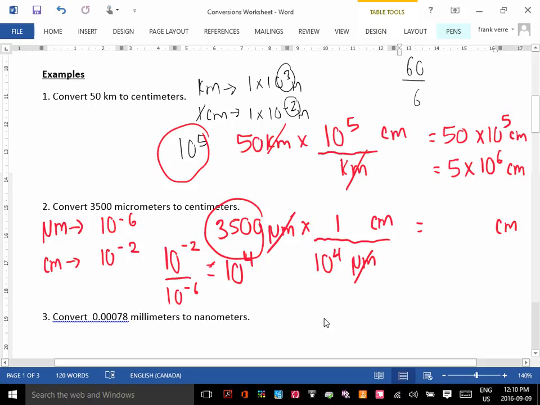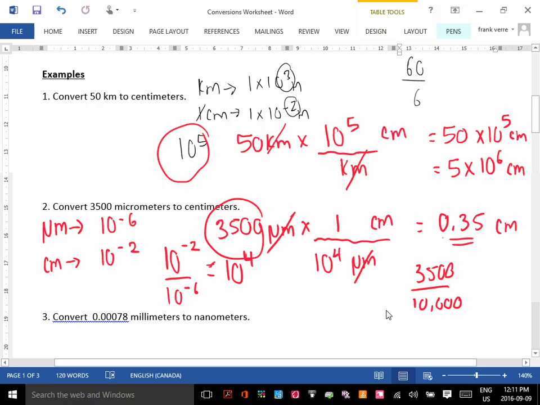10 to the 4 is also what number? 10 to the 1 is 10. 10 to the 2 is 100. 10 to the 3 is 1,000. 10 to the 4 should be 10,000. So what would be 3,500 divided by 10,000? Right, 0.35.